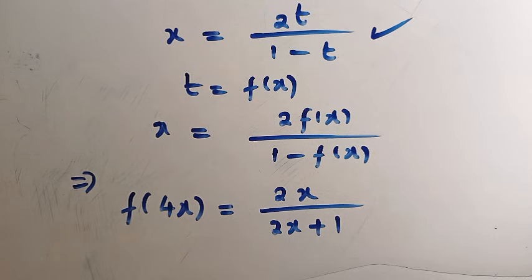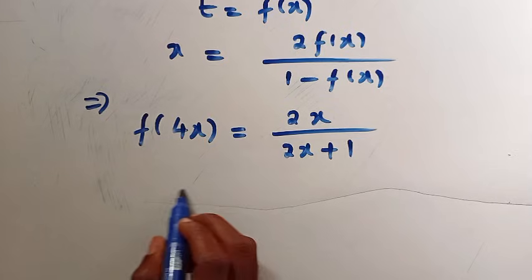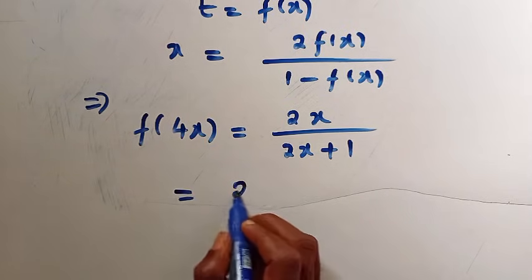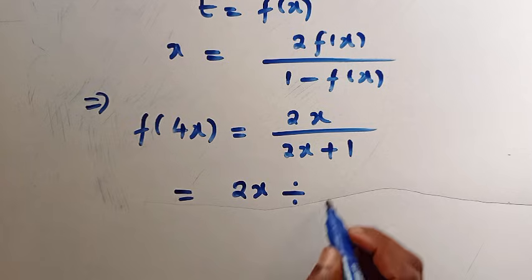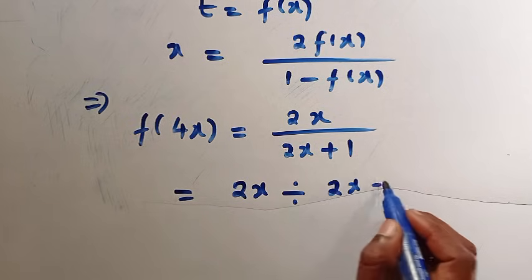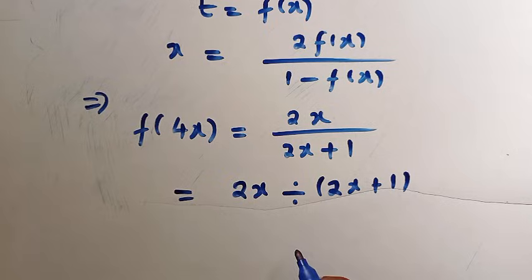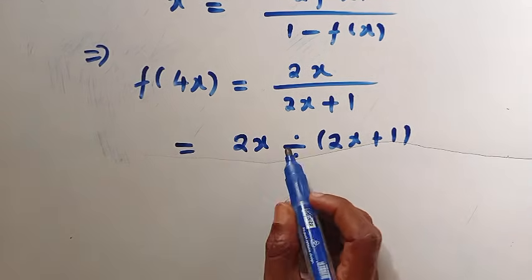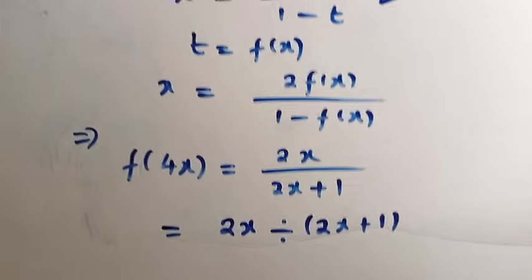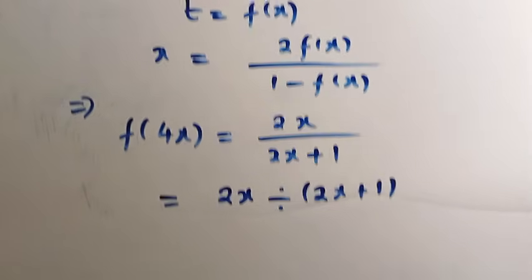For the sake of clarity, let's write this as 2x, changing the division to a small division like this, then 2x plus 1. So these are together. And let's replace x with 2 into bracket of f of x over 1 minus f of x.